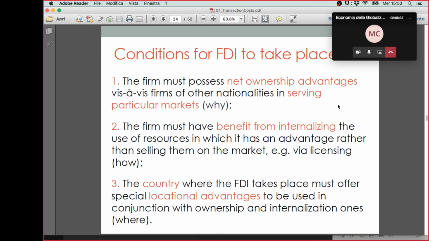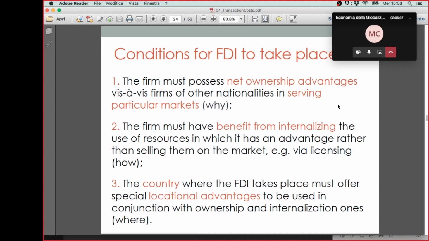The third factor is that the country where the foreign direct investment takes place must offer special location advantages. So you decide to acquire that company in China not only because this improves your ownership advantage, but also because you decide to do this exactly there, and not acquire control over another company producing a similar input in Romania, because in China there is a specific location advantage.